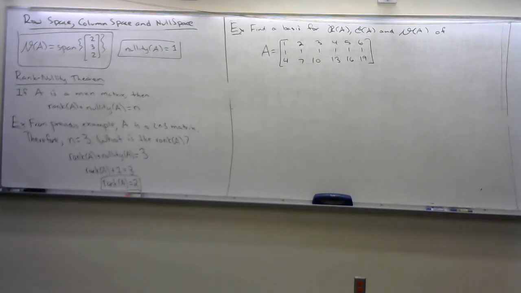I want to find a basis for the row space, column space, and null space of A.